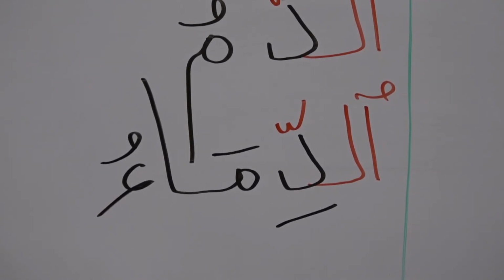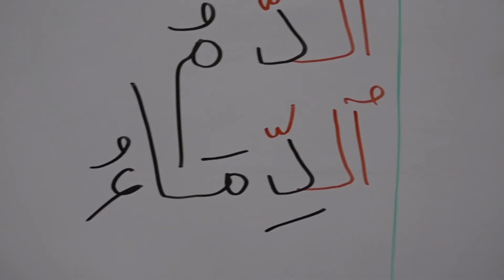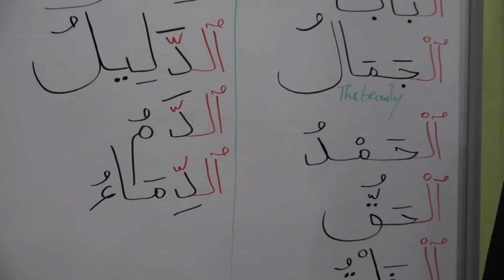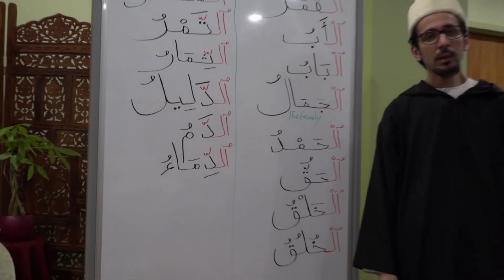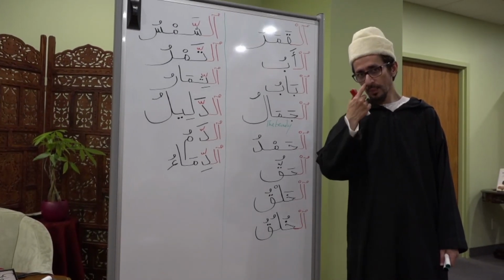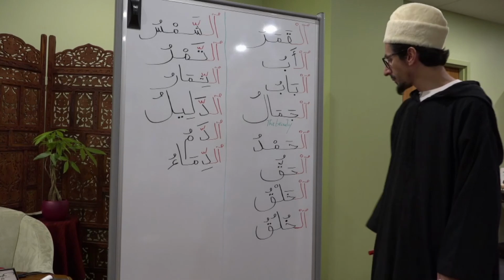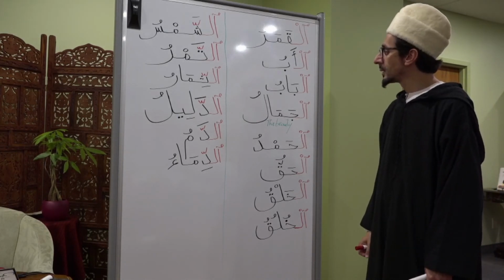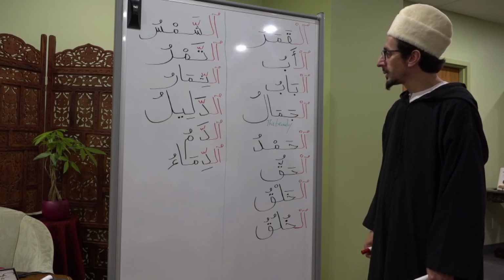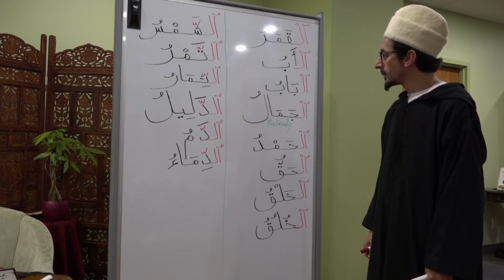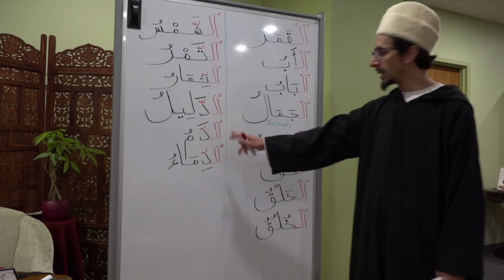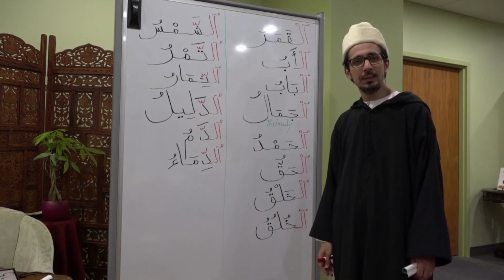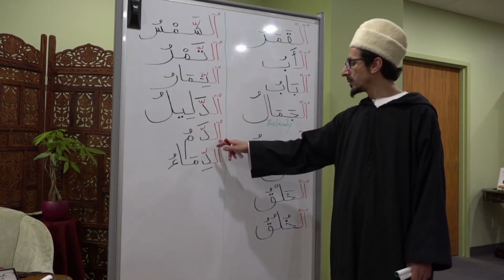I don't know, in English you don't say the bloods, but both of them are the blood. But ad-dima' is lots of blood. Ad-dam is the blood of one person.